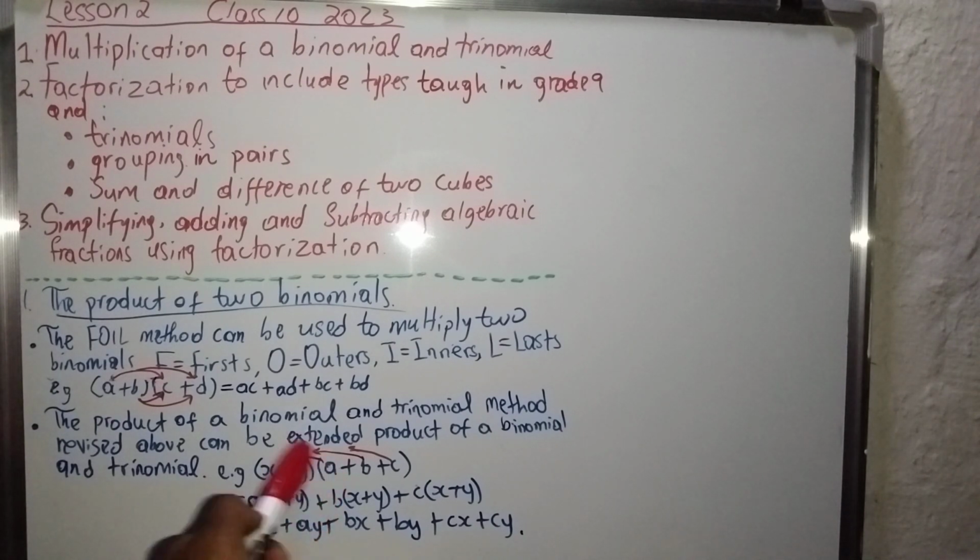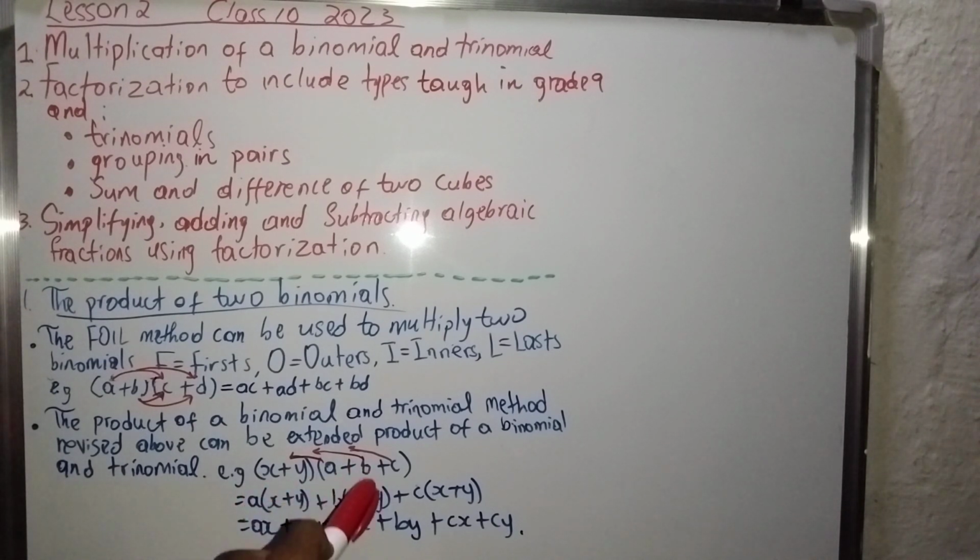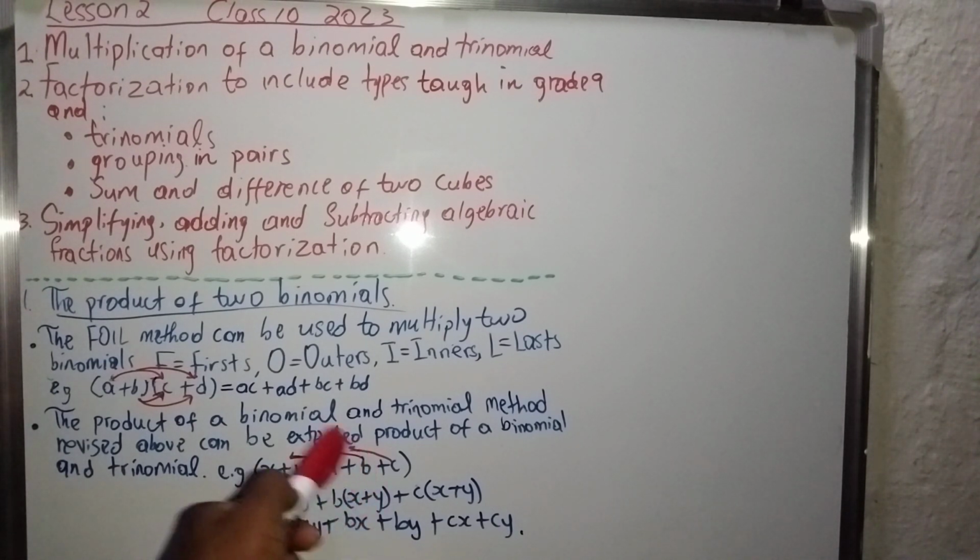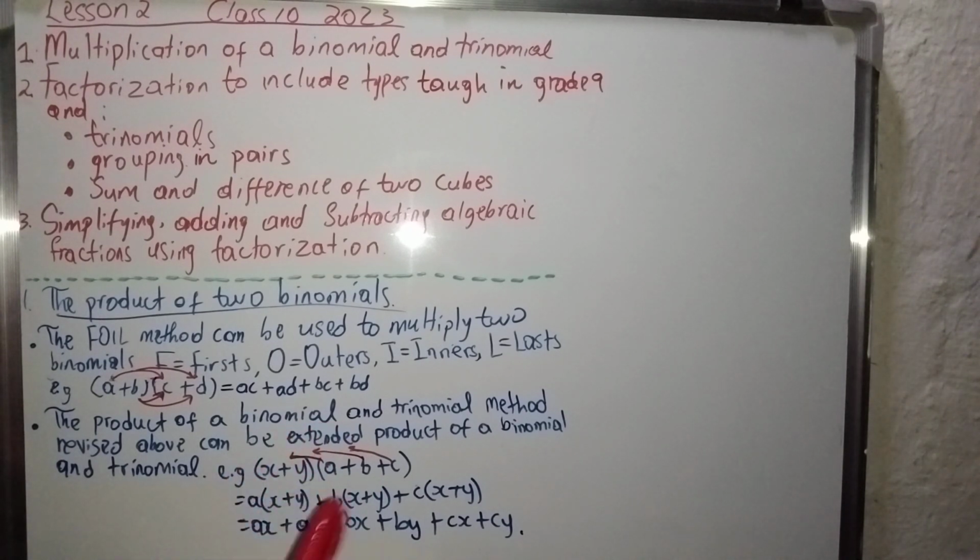So how do we go about multiplying or opening these brackets? We take a times this bracket, which is a into (x plus y). Again we go over b multiplied by this bracket, which is b into (x plus y). And the last one is c times this bracket, which is c into (x plus y).